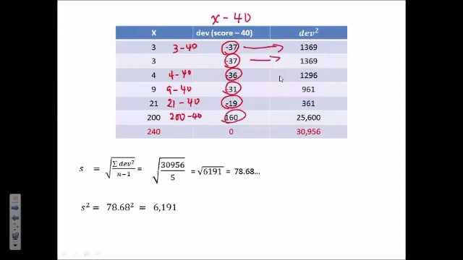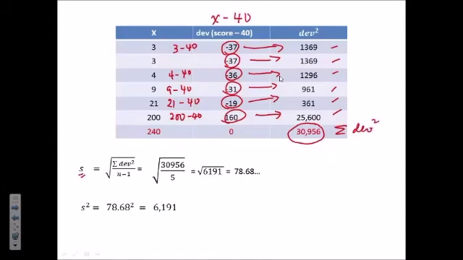Then all these deviations have to be squared, getting these numbers, sum them up, and we have the sum of the squared deviations.